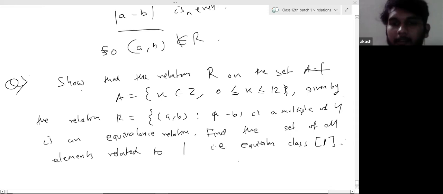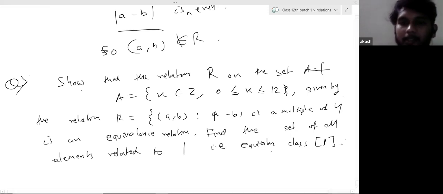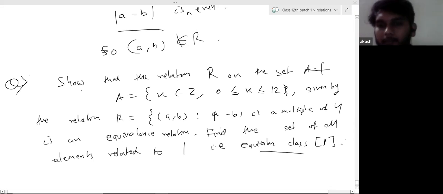All right, here a new thing is introduced which is called equivalence class. What is that? I'll explain after you solve this question. Don't worry about that now, just solve the first part. This is a similar question where we have proved that a minus b is divisible by n.